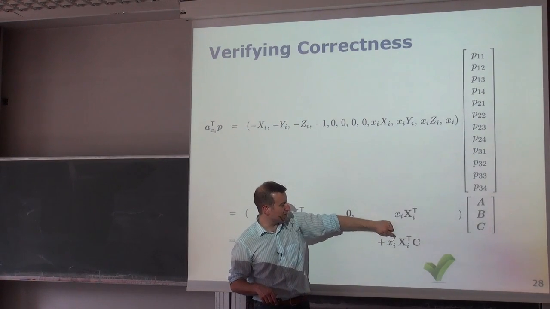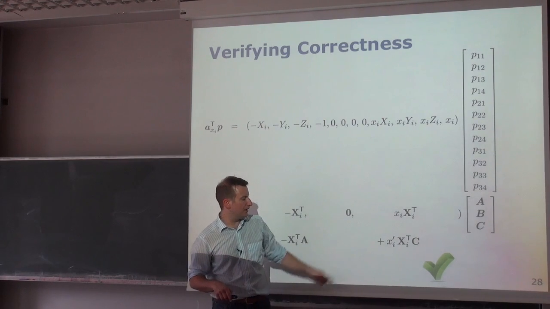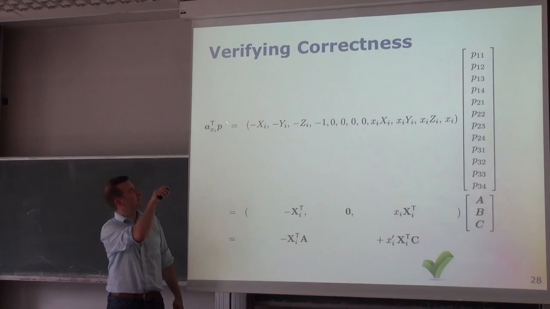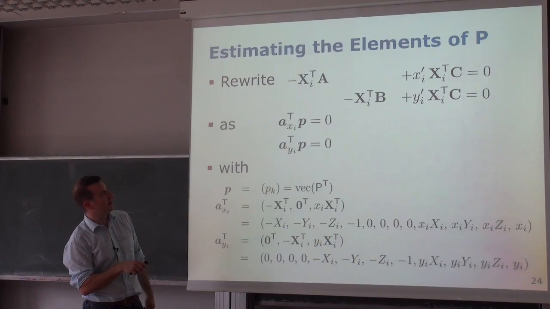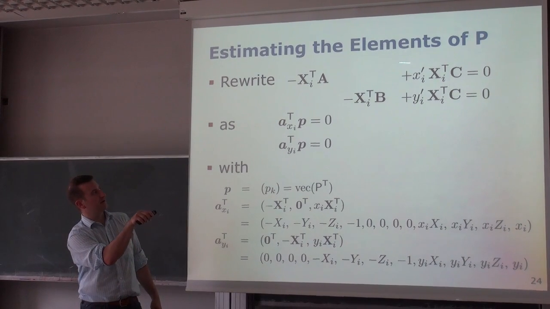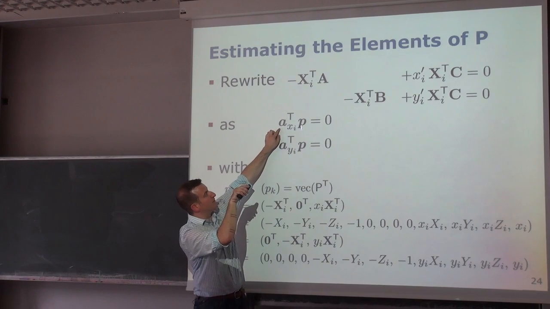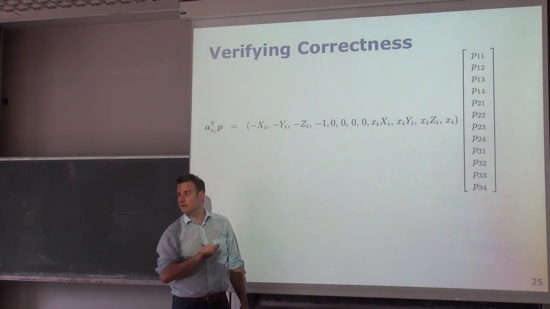I forgot to remove this prime. So this is exactly the same variable. So this prime should go away. And so this equation is exactly the same equation that we had over here. And this is, if we go back on our slide, exactly the first line over here. So performing this multiplication leads us exactly to this line over here.